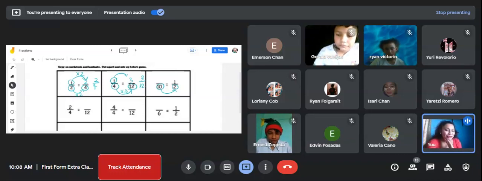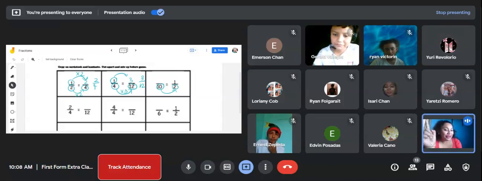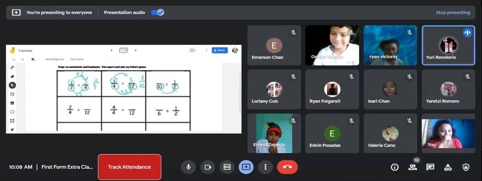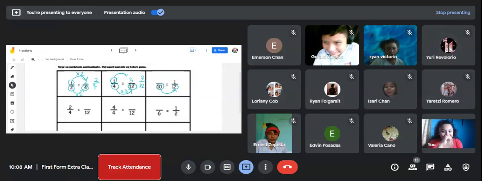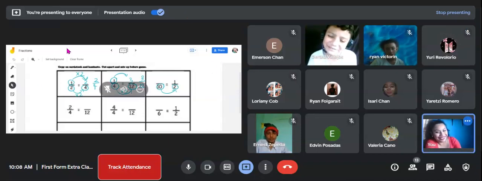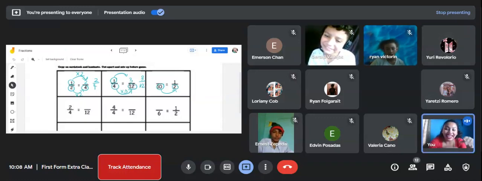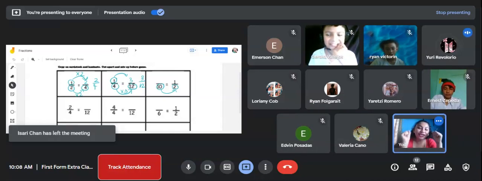By what do I times the 10 to give me 2? By what do I times the 10 to give me 2?